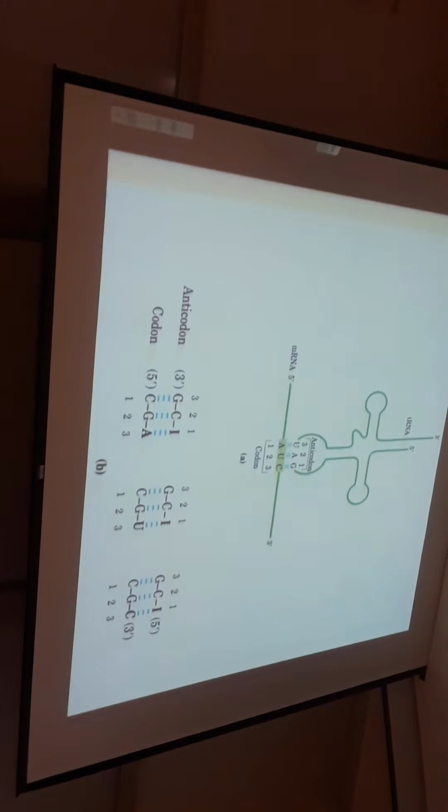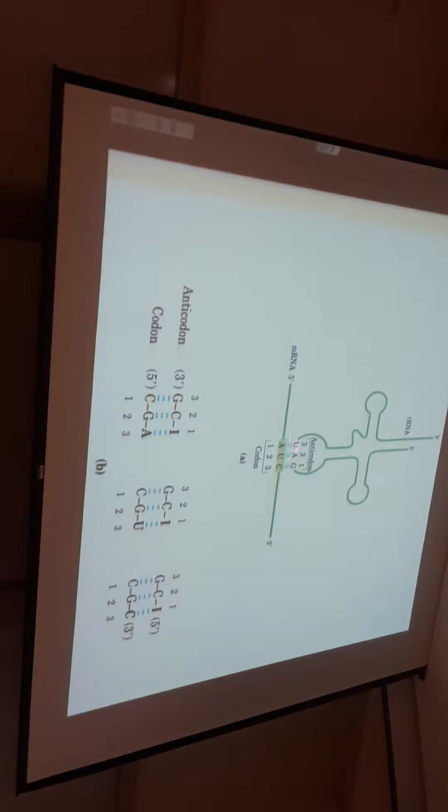And here we see also that the interaction between the codon base triplet that we find on the mRNA and this base triplet that corresponds to it on the tRNA, which we refer to as anticodon, is not always 100% specific.